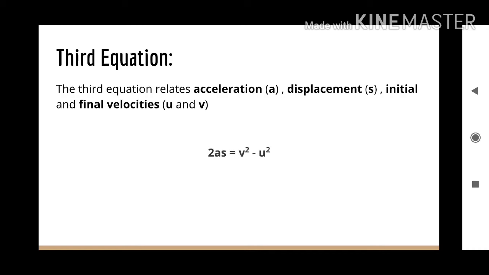In this equation there is no need for including time. So 2as is equal to v square minus u square is the last and final equation of motion for your syllabus.